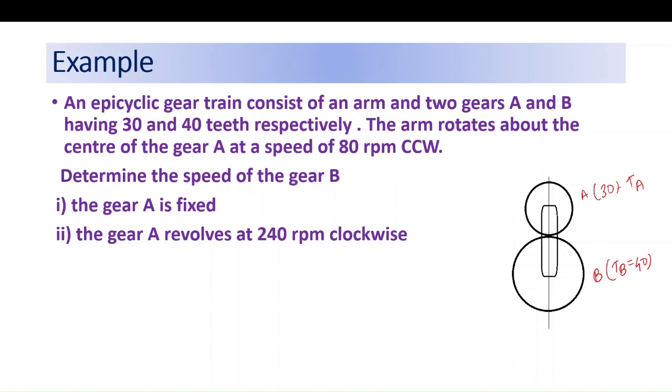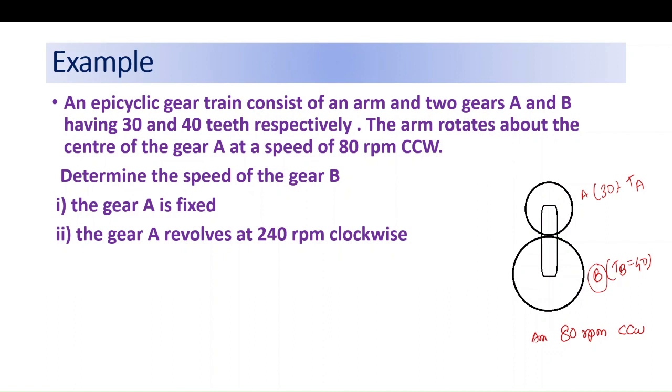The arm rotates about the center of gear A at a speed of 80 rpm counterclockwise. Determine the speed of gear B.